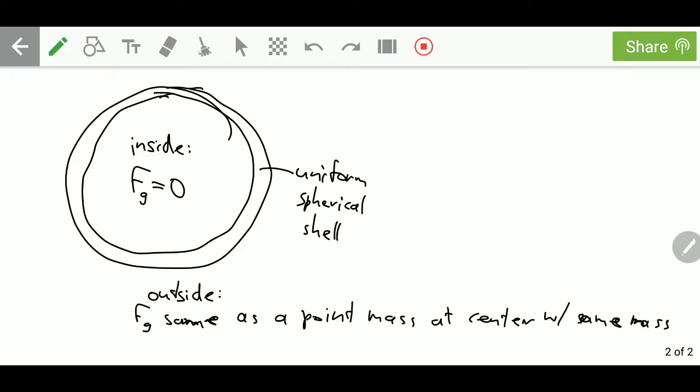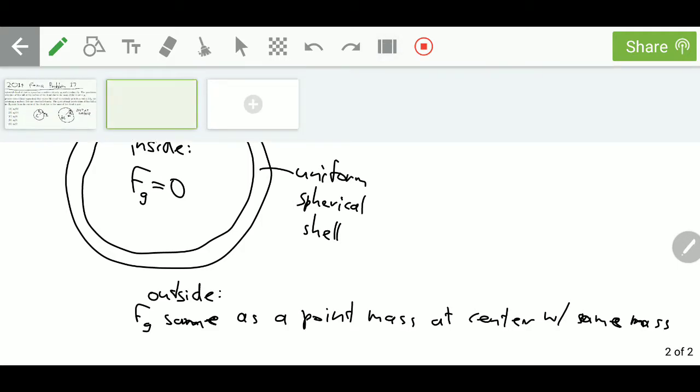So basically what this means is that if you are outside the shell, you can just treat it as a point mass at the center for gravitational purposes, but if you're inside, the total force is 0, no matter where you are, because the forces from the different parts of the shell will actually cancel out perfectly.